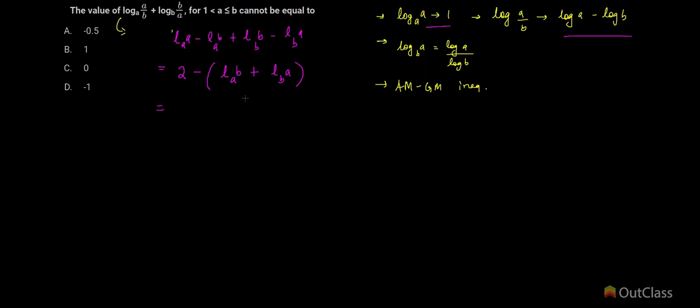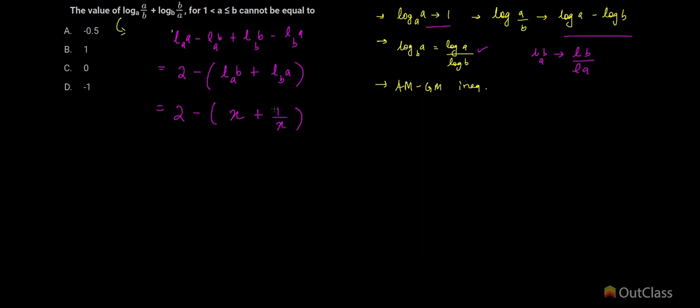Now you have log b to the base a and log a to the base b. The thing about these two is that they are reciprocals. Log a to the base b is log a by log b. We also have log b to the base a is log b by log a. Clearly they are reciprocals. So I'm simply going to call them x and 1 by x.